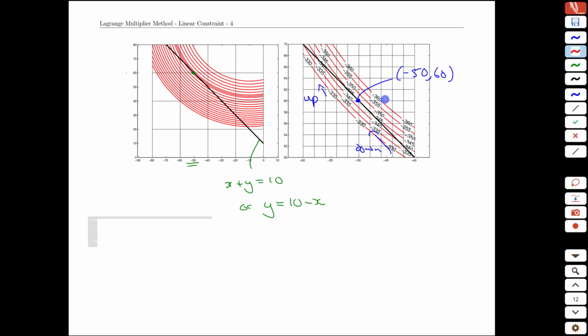We can also validate our idea of the gradient vectors being parallel. If we look back at this diagram for a second, if we drew a perpendicular line to the function contours, and we then drew a perpendicular line to the constraint, they are not aligned in any particular way. Whereas when we're at this point here, if you follow the red line, it goes right into here, and if it's pointing uphill, it would point in this direction.